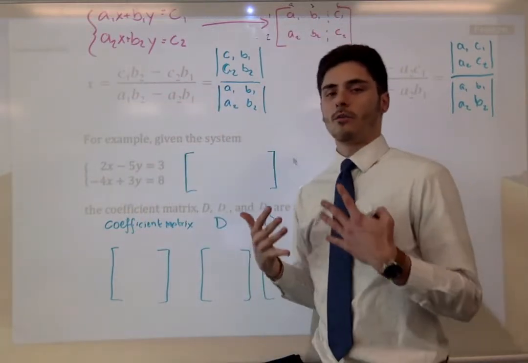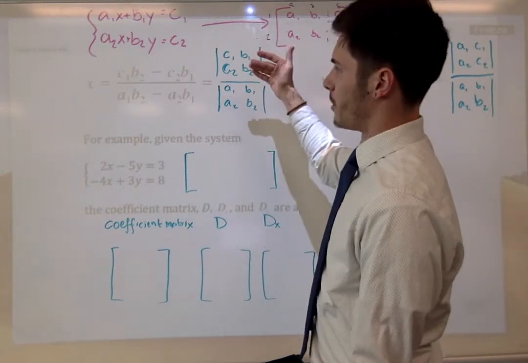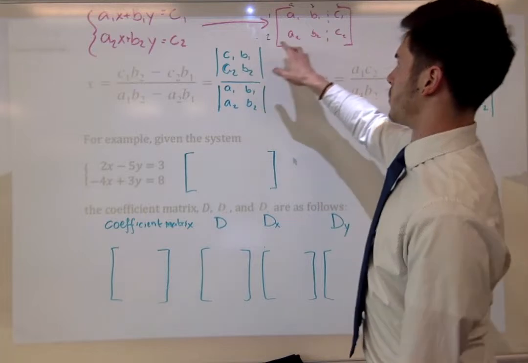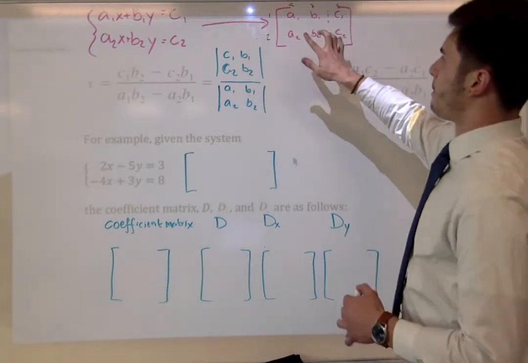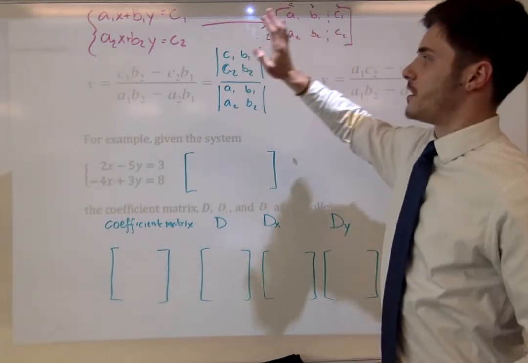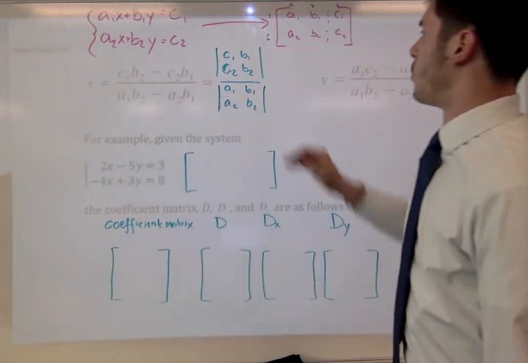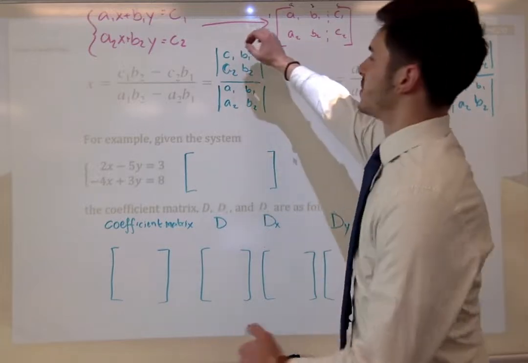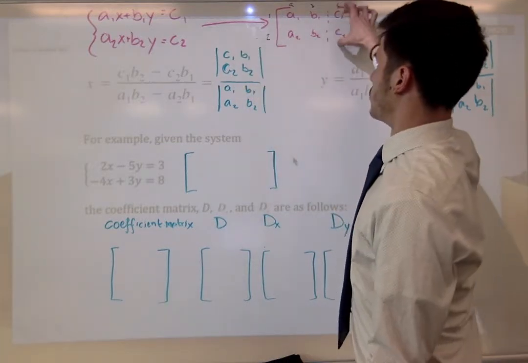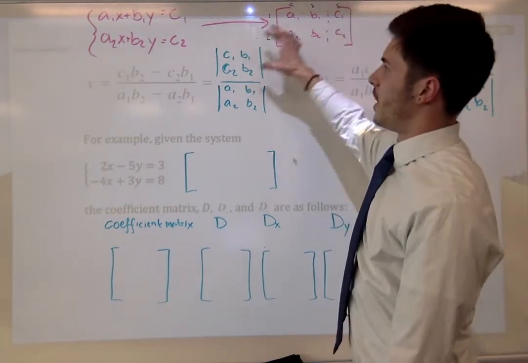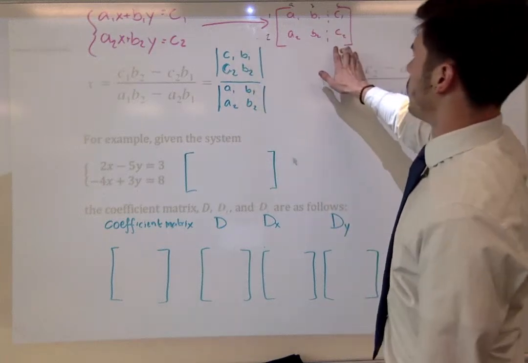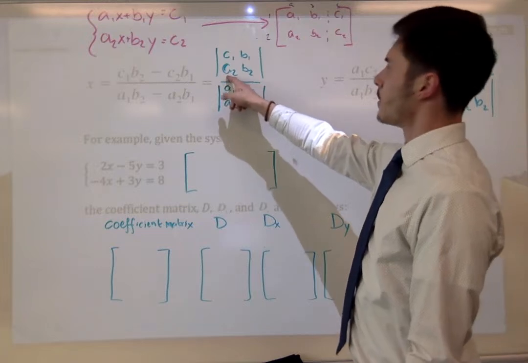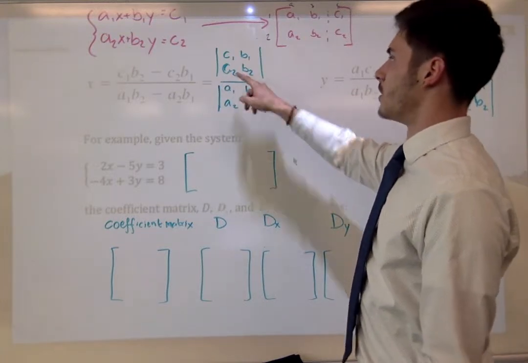And that pattern we've already seen before with determinants. So if we take this matrix, which we got from our original, and since we're finding the x value, we're going to replace, in the numerator, the x values with the solutions. So see how we have the solutions? We have column C here, and we have column C here, and then we have column B.